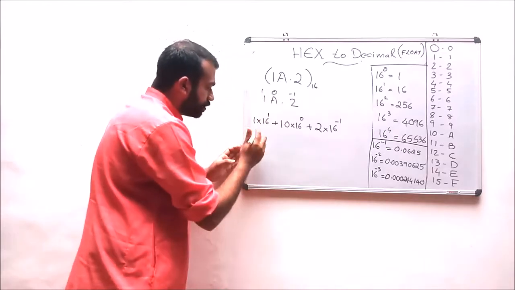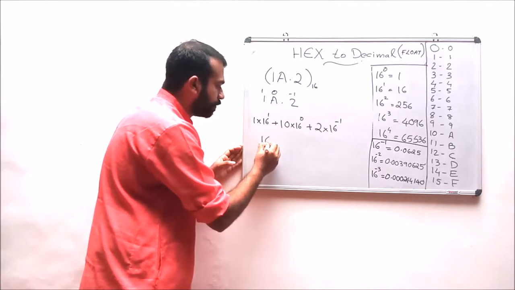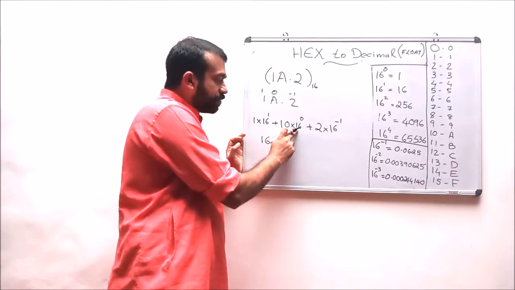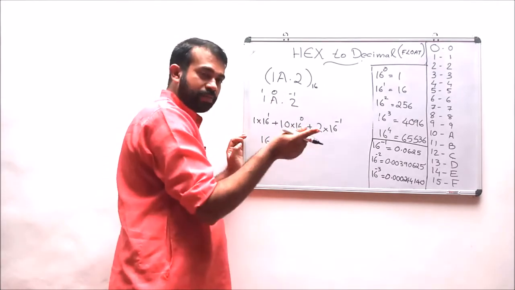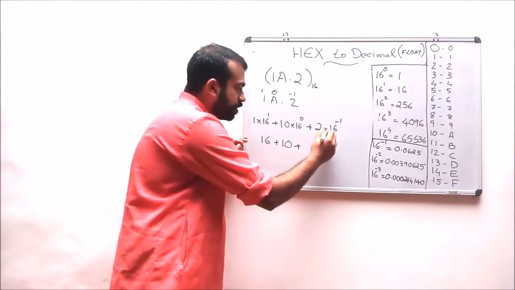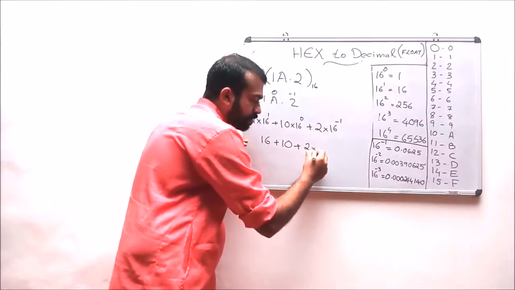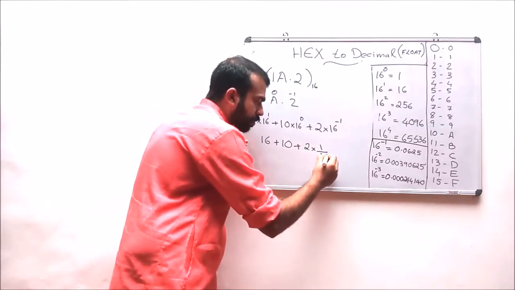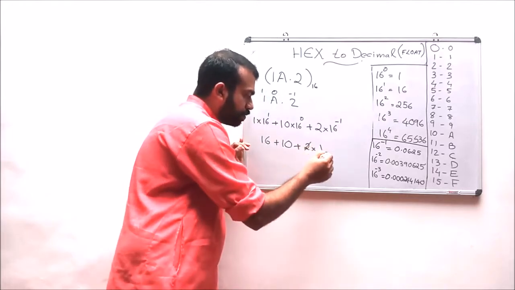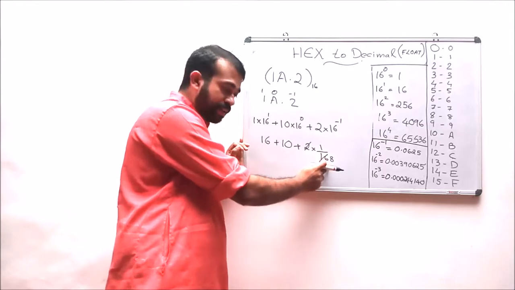So 1 into 16 raised to 1 is 16 itself. Plus 10 into 16 raised to 0, and 16 raised to 0 is 1, so 1 into 10 is 10 itself. Plus 2 into 16 raised to minus 1, which can be represented as 2 into 1 by 16. So 2 and 16 can be cancelled, which will result in 1 by 8.